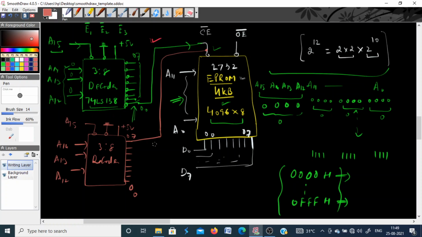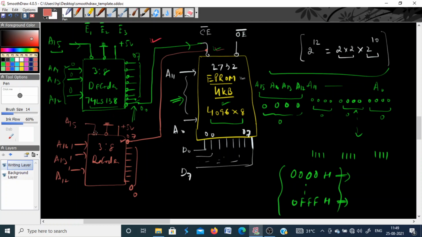If you connect the O7 pin of this decoder, this pin must be at logic 0 and the rest at logic 1. So what should be the address on the address lines? It should be 111. A12, A13 and A14 must all be 111. Then only at O7 you will get a logic 0 signal, which will enable this memory chip.